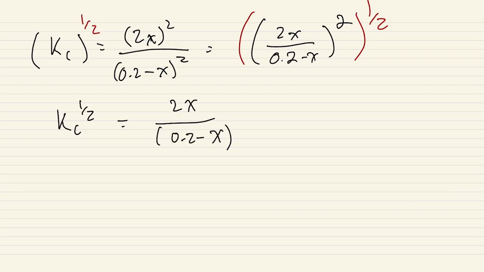And so if you do this, then how would you isolate x here? Where would we go from here?